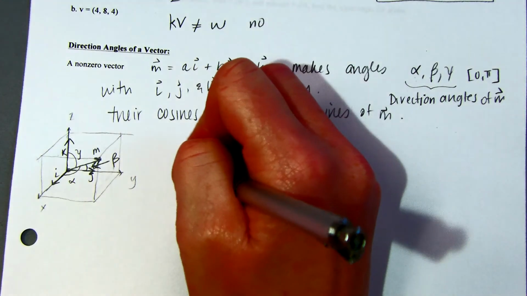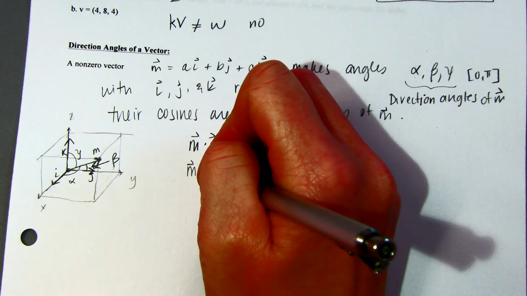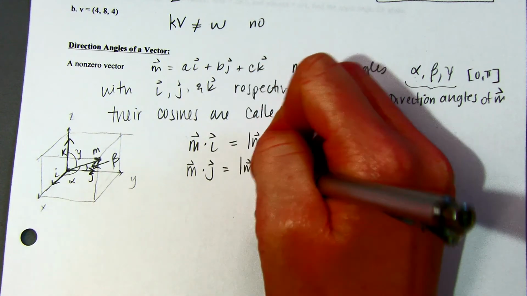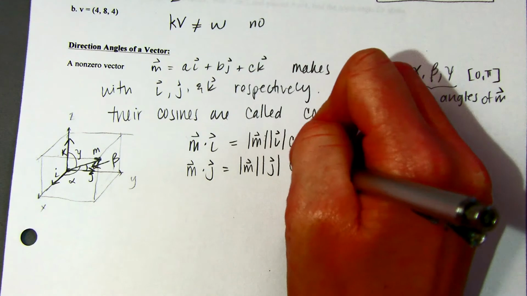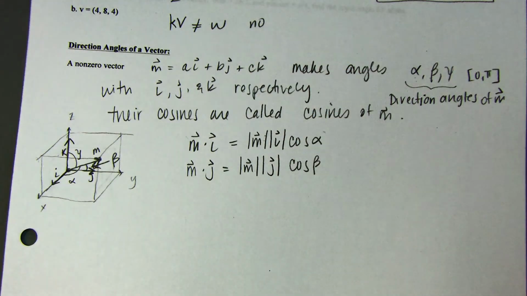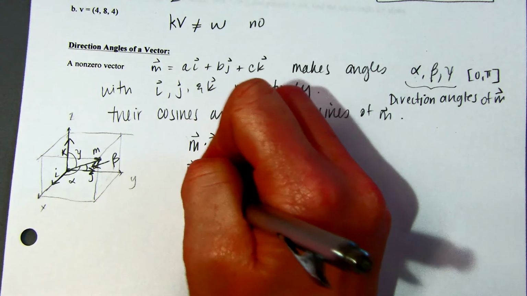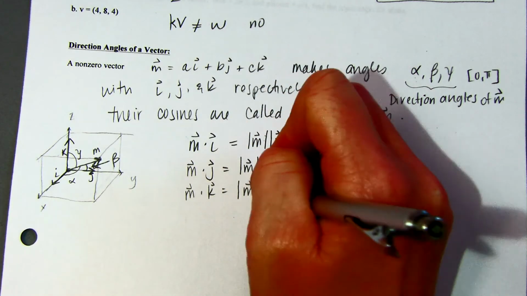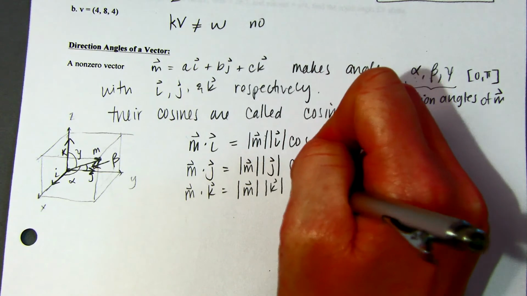Similarly, the dot product of m times j is the magnitude of m times the magnitude of j, cosine beta. And the dot product of m and k is the magnitude of m, magnitude of k, cosine gamma.